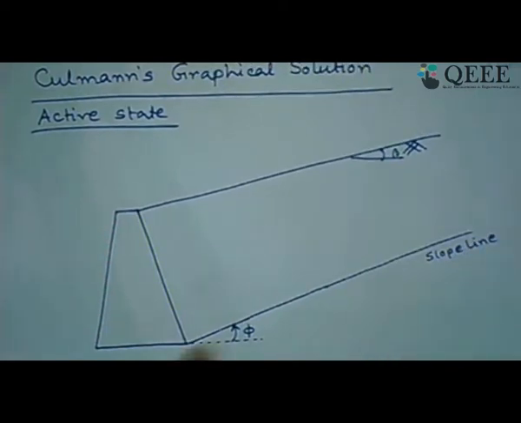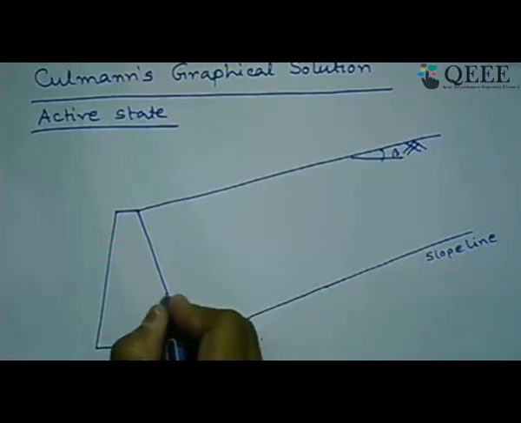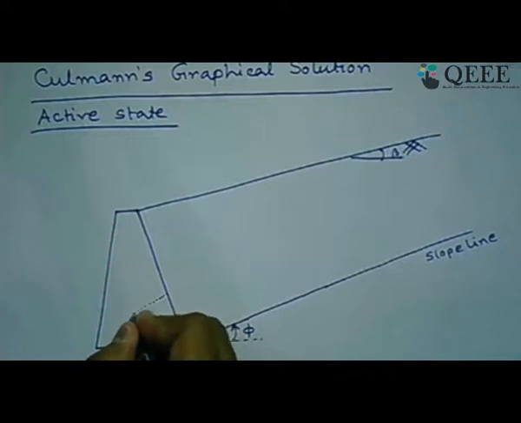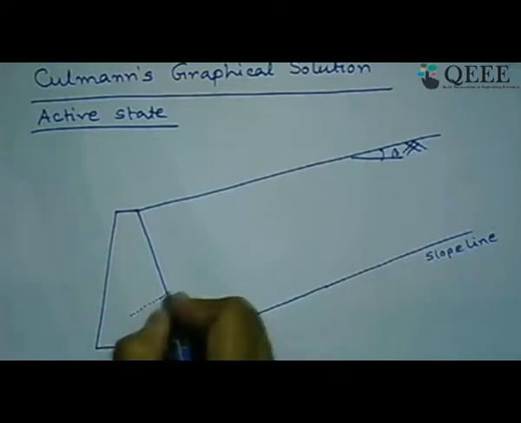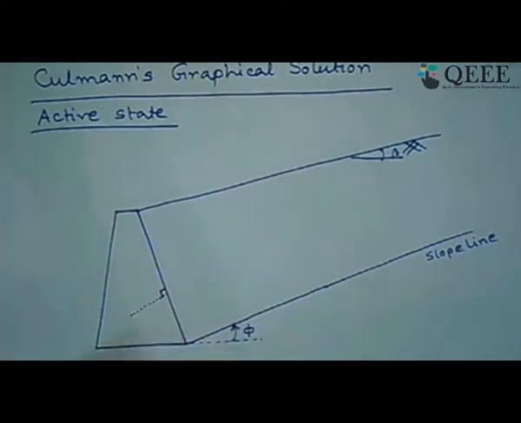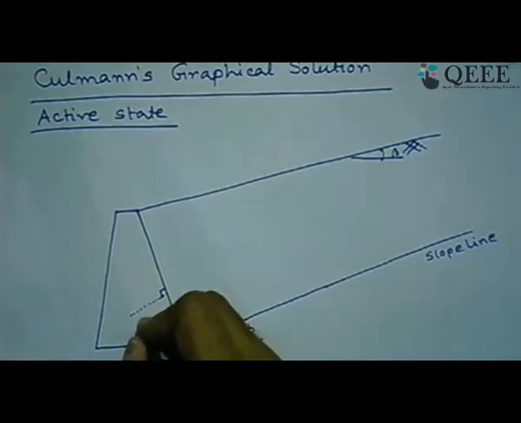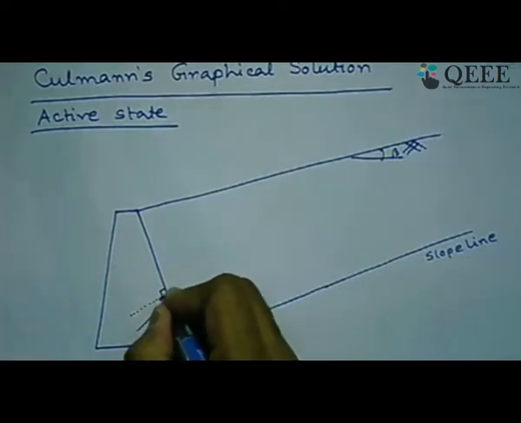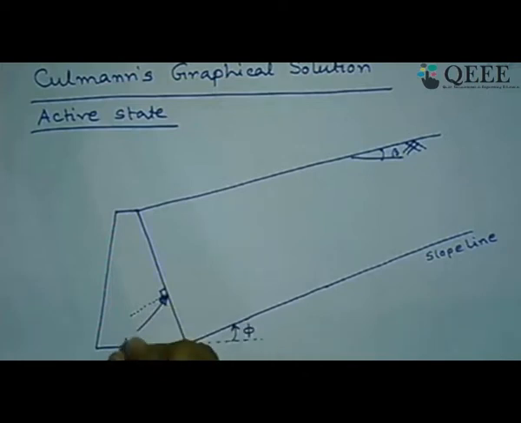Now from this slope line, next, this side where active earth pressure acts, if this is the normal to the surface of the backside of the retaining wall, then our active earth pressure acts at an angle of delta, and delta is the wall friction angle that we have seen.